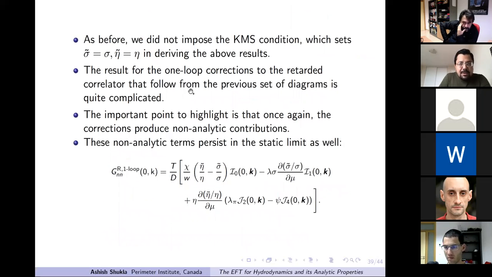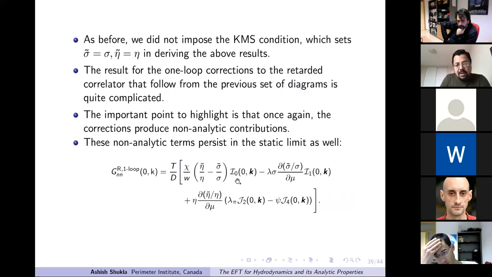The result for the one loop corrections that came out from this set of diagrams is quite complicated, so I'm not going to show that. What I'm going to show is just the ω equals 0 limit of that correction. So all said and done, my retarded 2-point function, one loop corrections to it in this subsector of hydrodynamics, which we dub diffusive hydrodynamics, where we have basically integrated out the sound modes working only with the shear and diffusive modes, I find that the one loop correction looks like this.